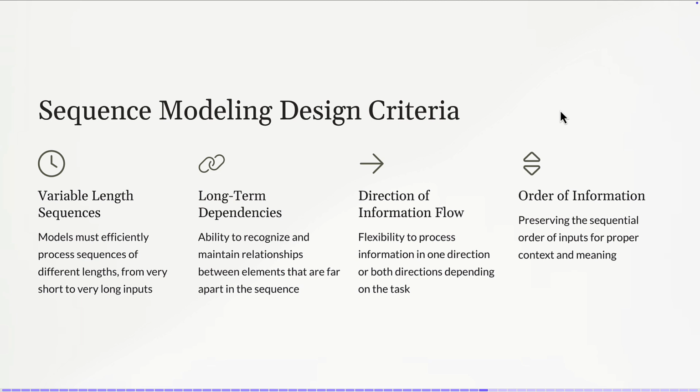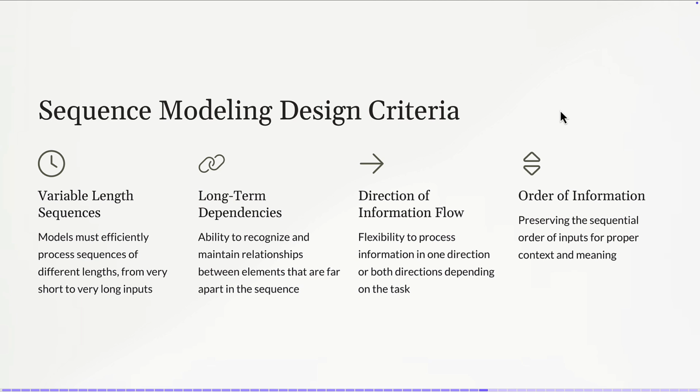This is the second property of sequence modeling. The third property is the direction of the information flow, which goes in one direction. When you read a sentence in English you read it from left to right. In Arabic you read it from right to left. You have only one directional flow. You cannot make it bidirectional. And this makes flexibility to process information in one direction or both directions depending on the task.